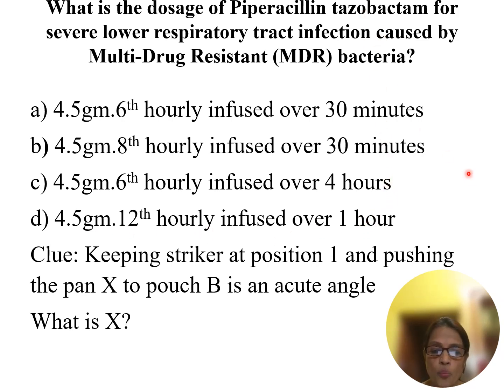So what is the option? The clue given here is keeping the striker at position 1 and push pawn X to pouch B. If you do that, the angle will be acute angle. Let us see what it is.